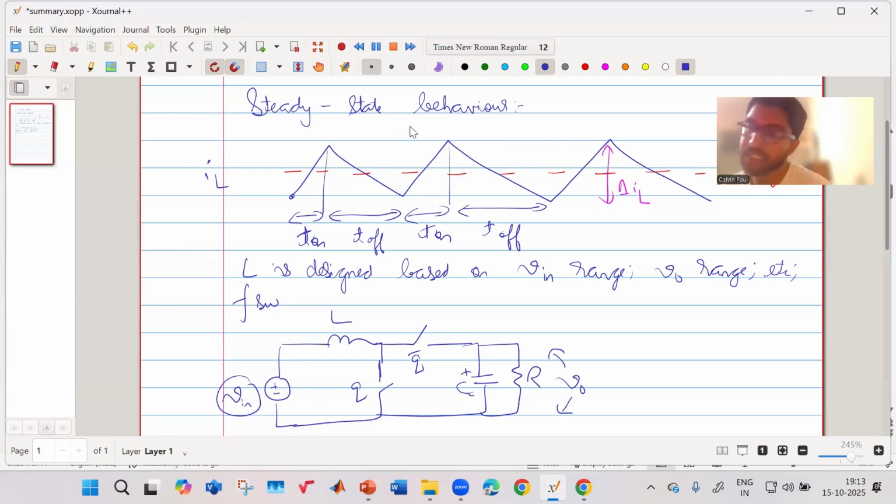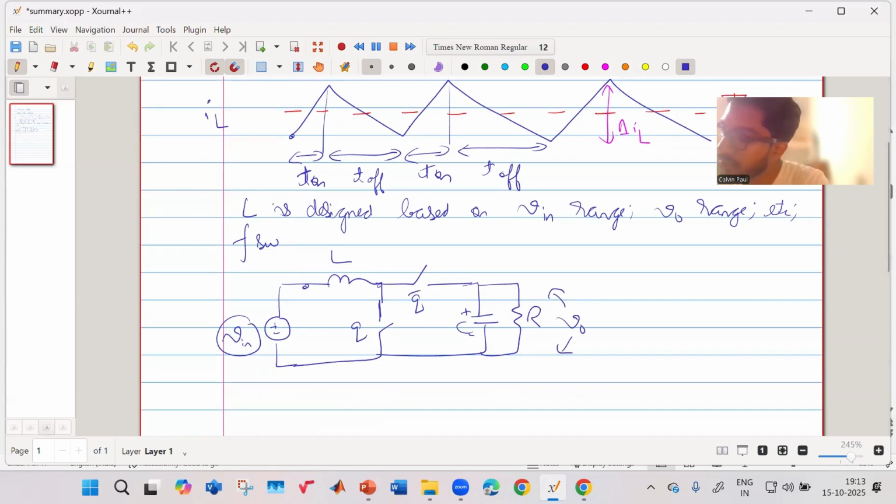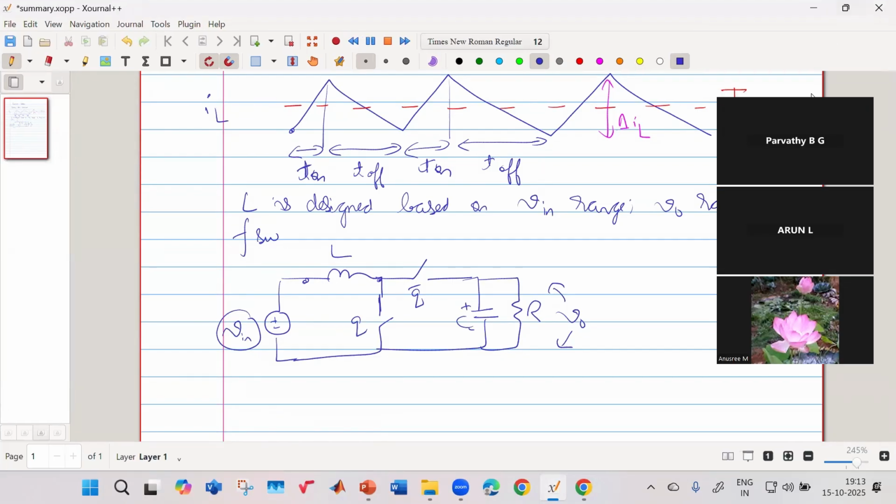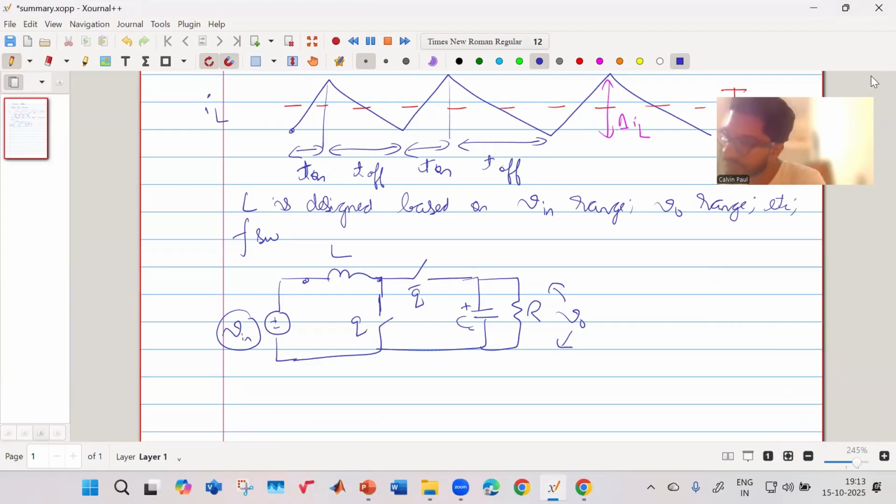To find steady state, could you let me know how I determine my steady state operating point? Anyone can tell me? I think we did it yesterday itself, right? What did we do? By using inductor volt second balance and capacitor charge balance, yes. Good. So you will have to do what is known as volt second balance.